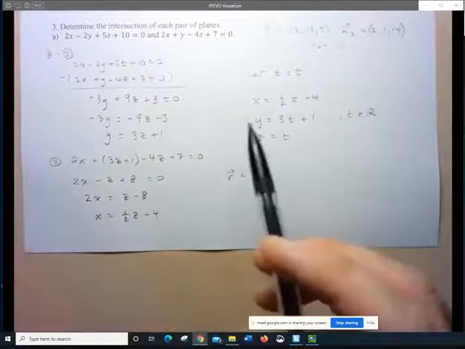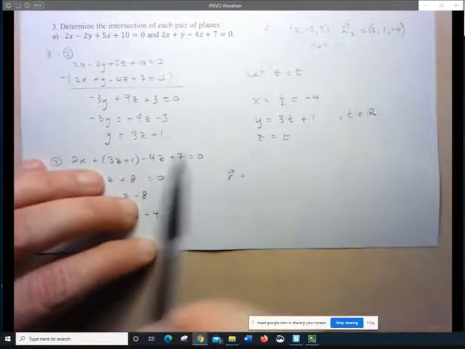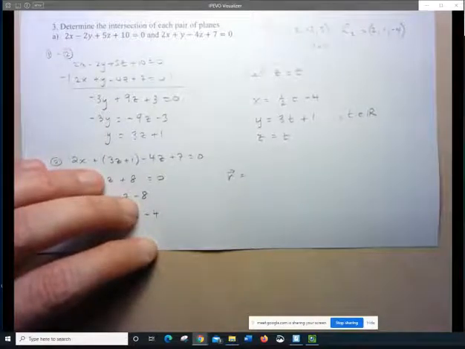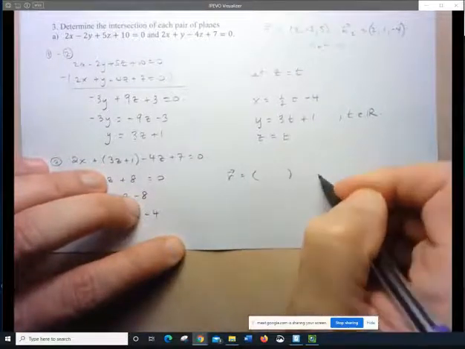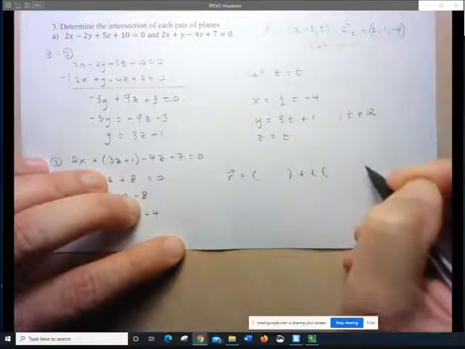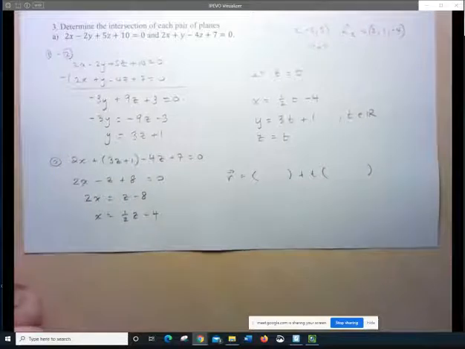So what would be the point here? Which point is on the line? Where would I look for a point on the line? Remember, what we need is a point plus t times my direction vector. So give me either the point or the direction vector first. Take your pick.